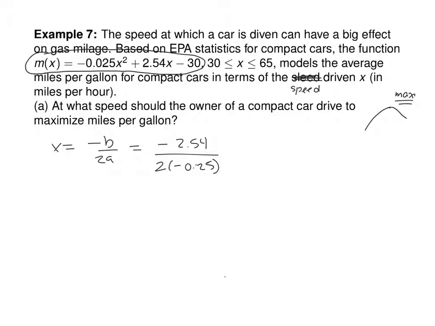Oh, missed a 0 there. 0.25. So that's negative 2.54 over negative 0.05. And obviously for stuff like that, I'd give you a calculator, but this is 50.8.